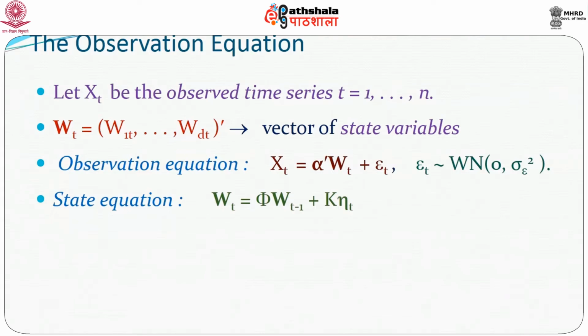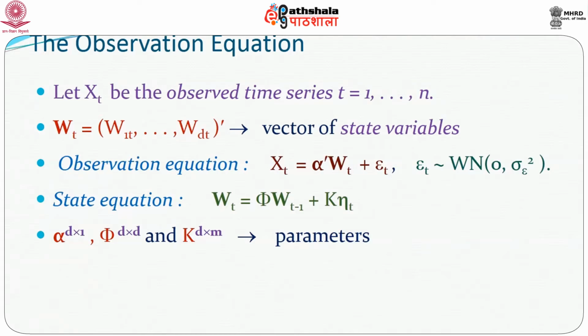It's an AR(1) model, but it's based on unobservable variables. In this case, Phi is a d by d matrix and K is a d by m matrix. So, together we have alpha, Phi and K as the parameters of the model.